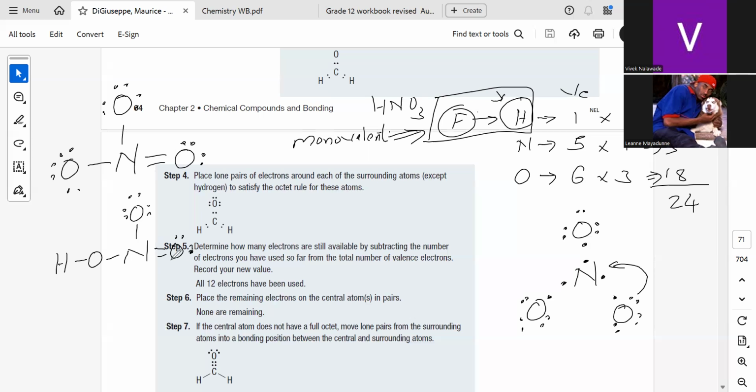Would you like to try CO2? That is relatively easy.